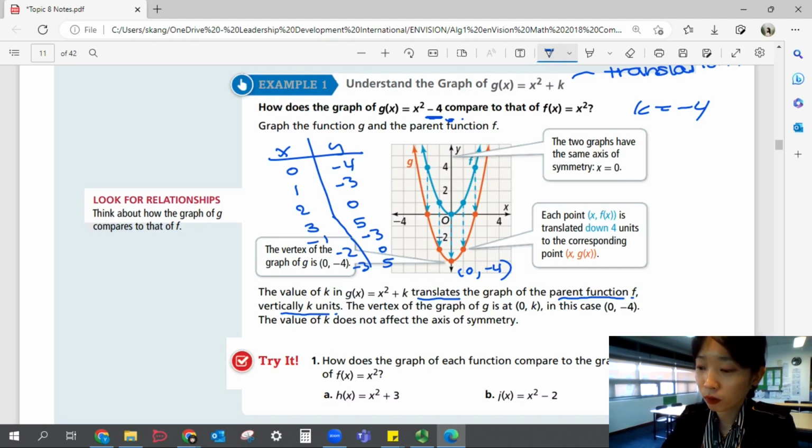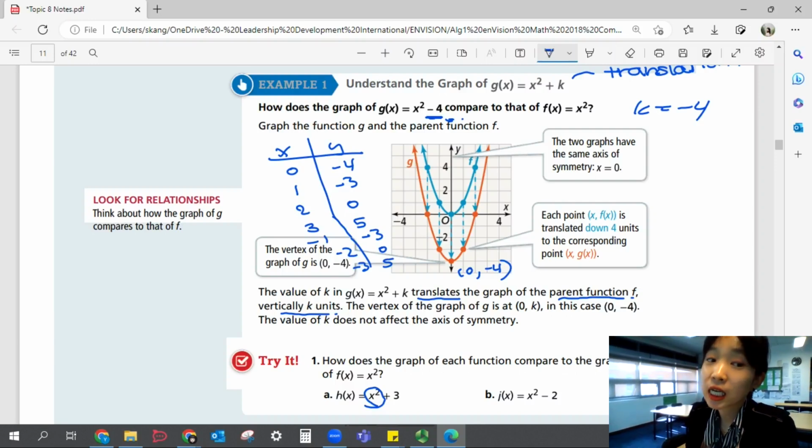Okay. Are you ready? Compared to the parent function x squared, how does the graph change for h of x? Your parent function is the first term, right? Whatever your first term is, that should be your original values. And then you just add 3 for all the values of y, right?